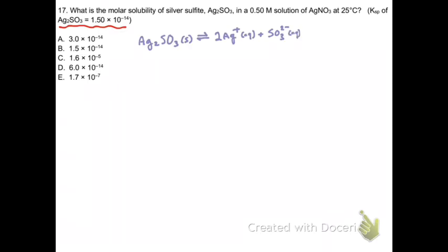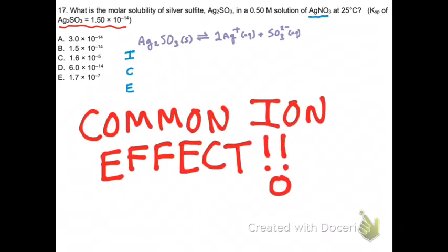All right. So, whenever you're looking for molar solubility, when in doubt, we're going to ice it out with an ICE table. Now then, what's the deal, though, with this silver nitrate? This is an example of the common ion effect.